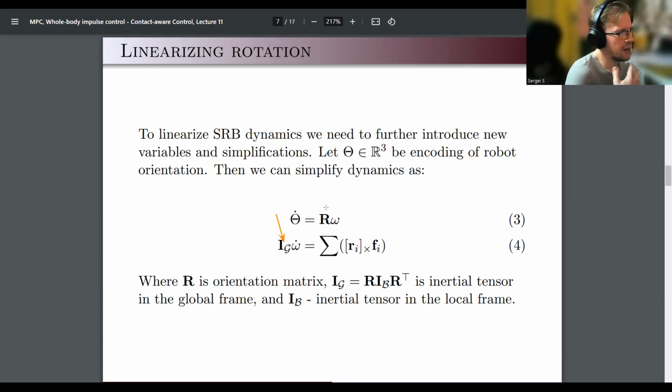The way I would present it in this lecture is, when we compute MPC, we will assume that R is constant. This would allow everything to be a quadratic program. We would assume R to be constant. How do we know R?